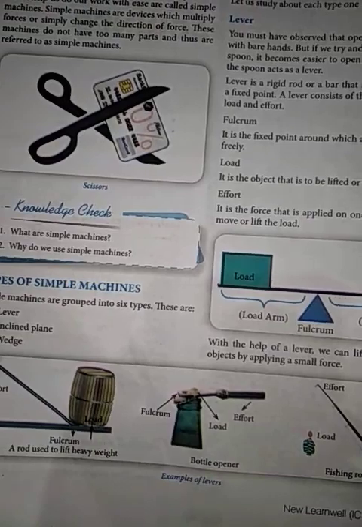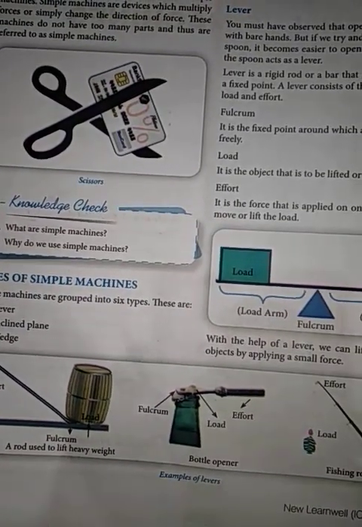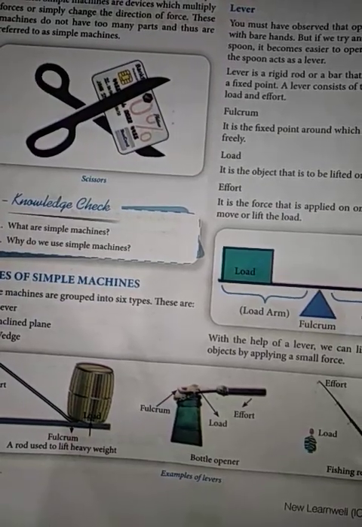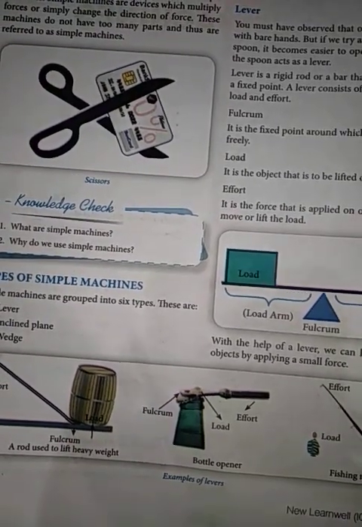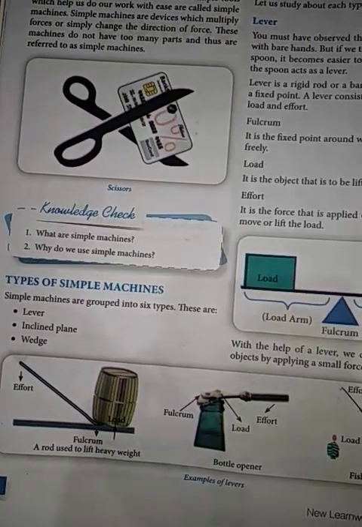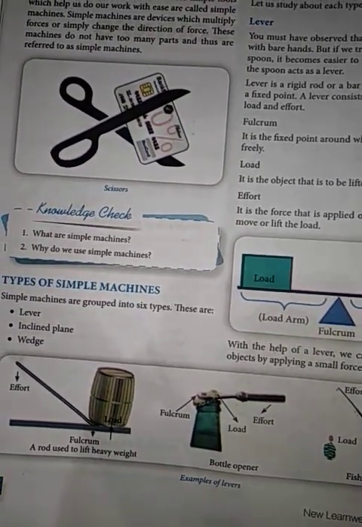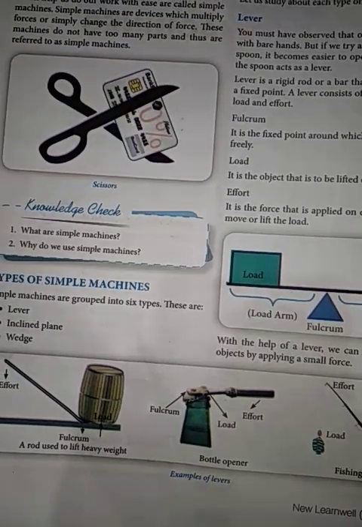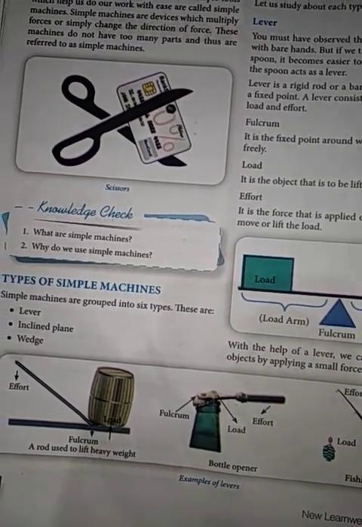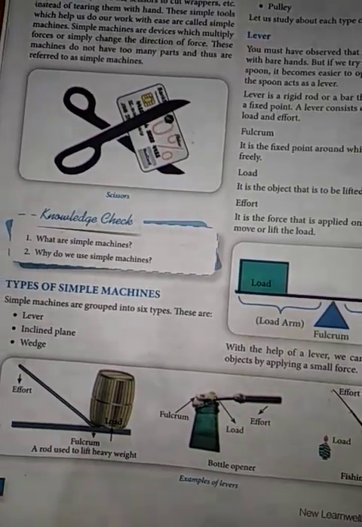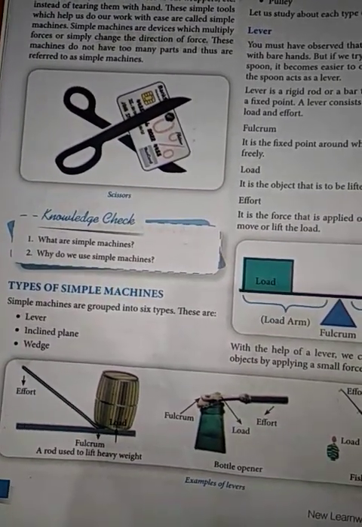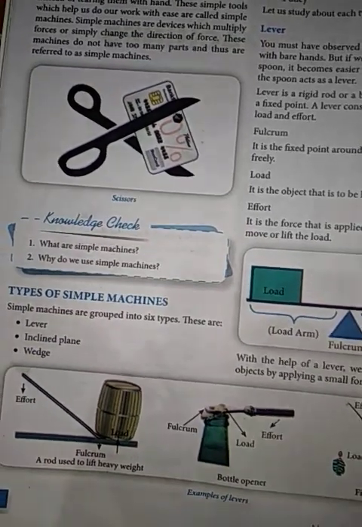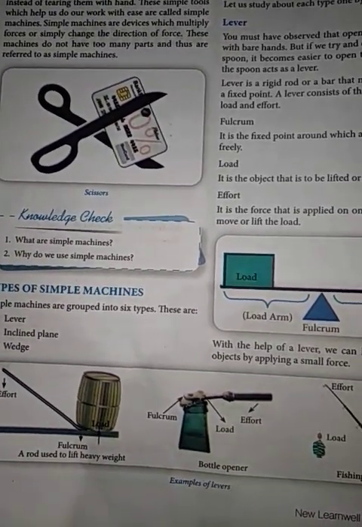For example, we use a knife to cut vegetables, scissors to cut wrappers, a bottle opener to open the cap of a bottle, and a spoon to open the lid of a tin. In this manner, we use different kinds of tools in our day-to-day life to do our work easier.